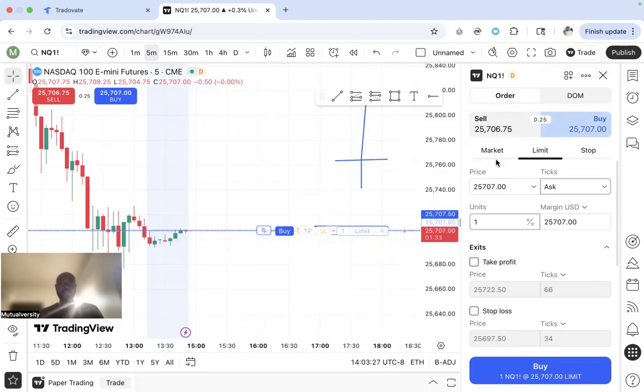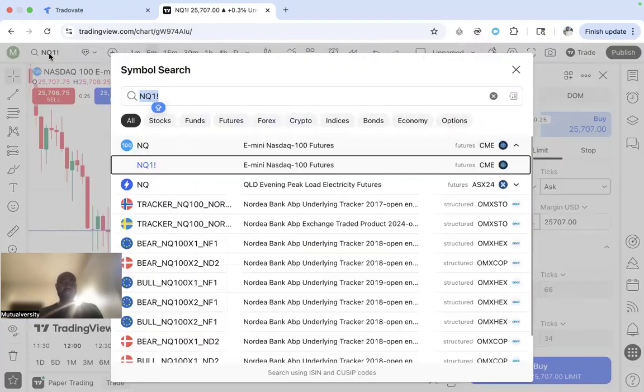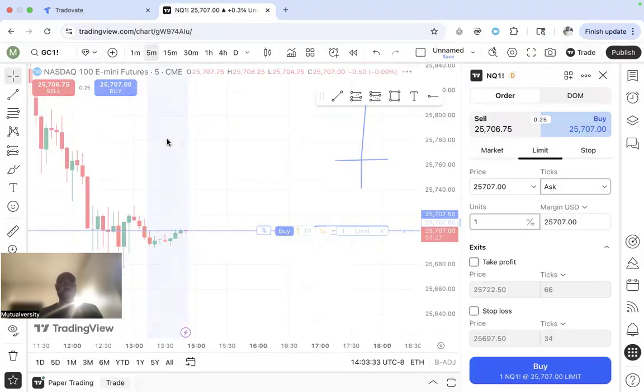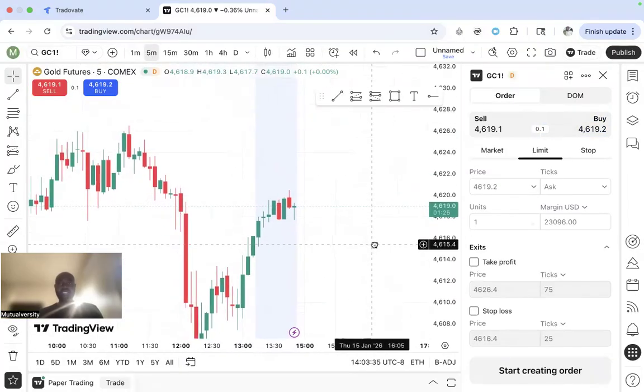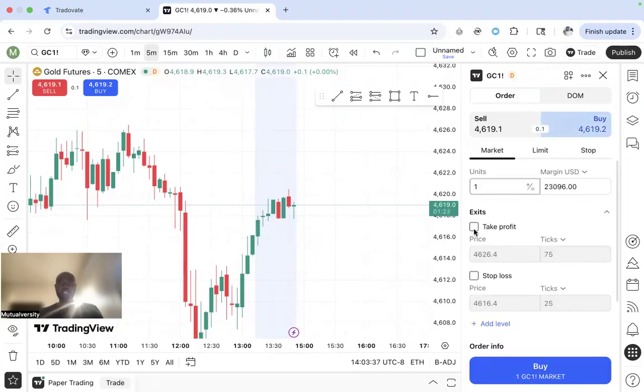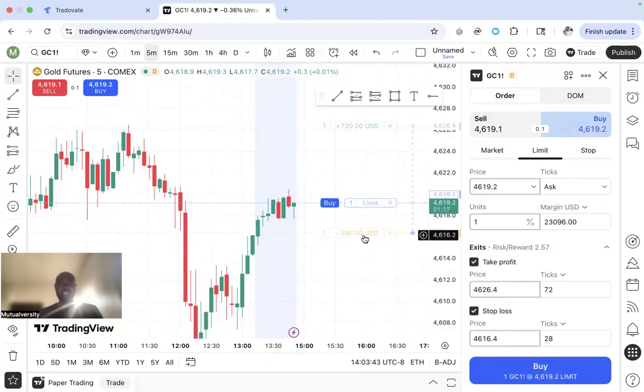So now let's say we want to do, let me use a different symbol. Remember, market enters you wherever it is. But for limit, you can press limit and you can adjust where you want to enter. So this is your entry point.